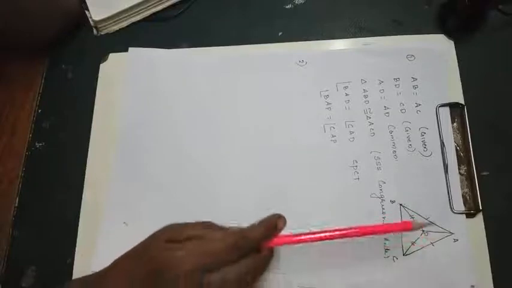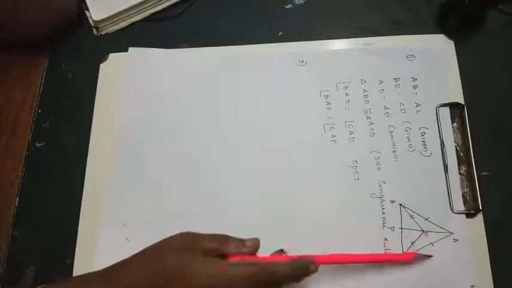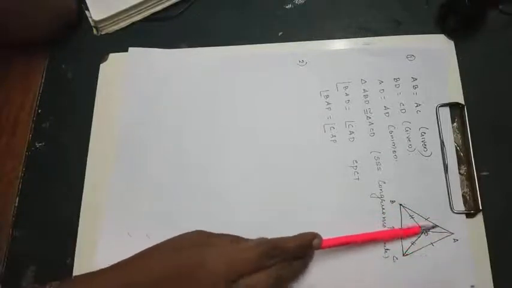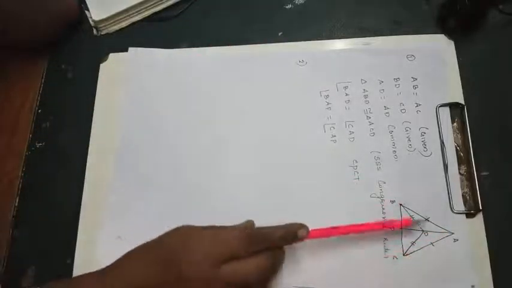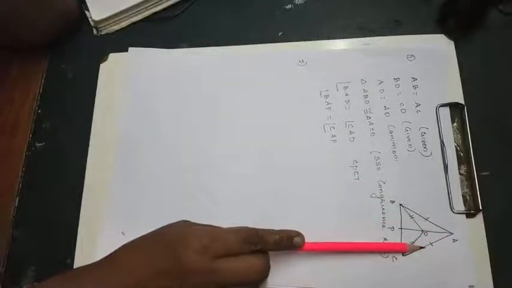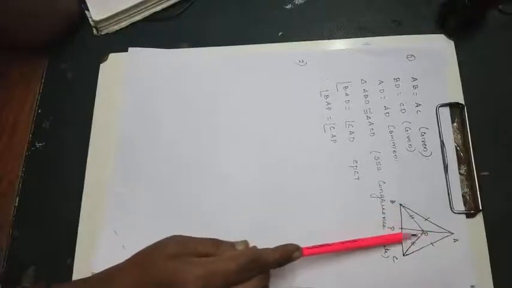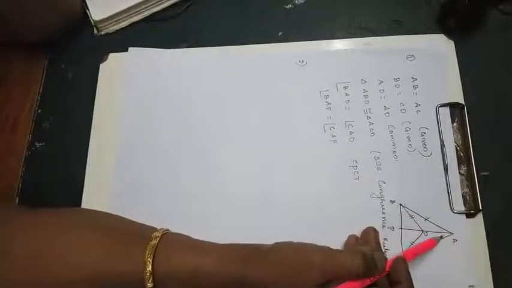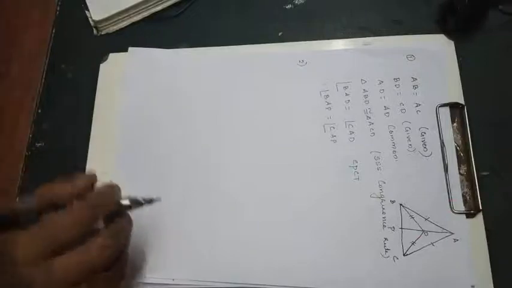The triangles we are considering are ABP, this triangle, and ACP, this triangle. So AB equal to AC and AP is common there, and this angle BAP is equal to CAP. So let us write that one.